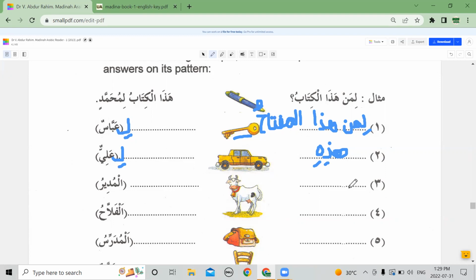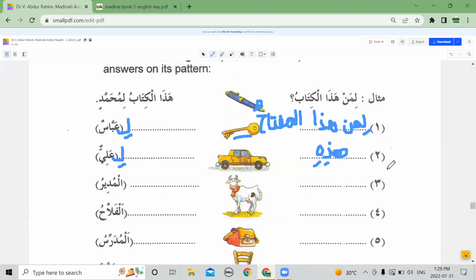Liman hadha. What do we say for cows? Baqaratu. Baqaratu is also feminine, so we have to say hadhihi. Liman hadhihil baqaratu.